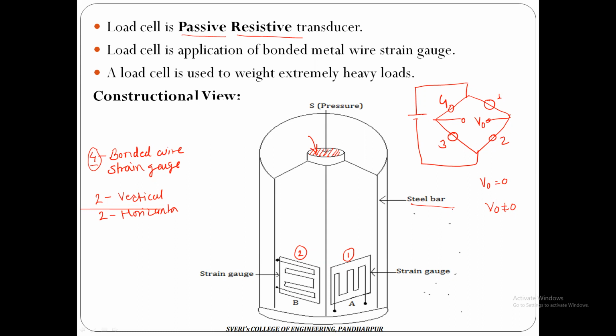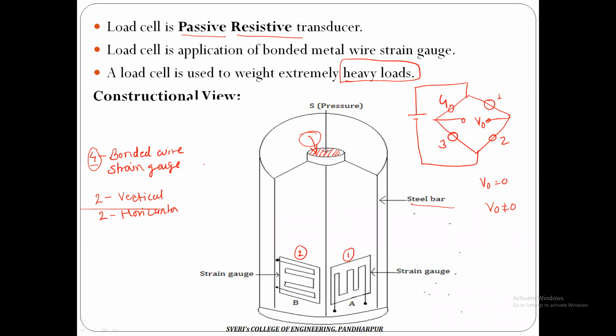This voltage is directly proportional to the applied force. In this way, this load cell helps measure extremely heavy load. Get it, my point? This is the basic principle behind the bonded wire strain gauges.